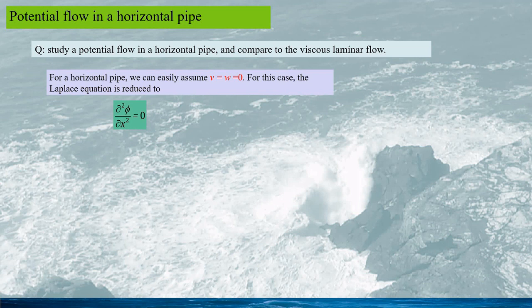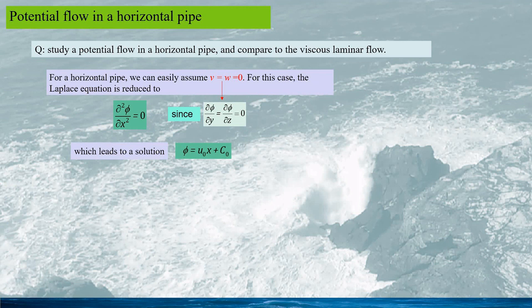Based on the problem analysis in the horizontal pipe, we can see the velocity components v and w are about 0. So the Laplace equation is reduced to this simple equation, since the velocity components v and w are 0, and the solution for the velocity potential function is given by this.